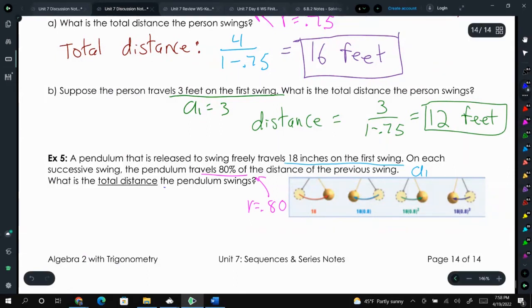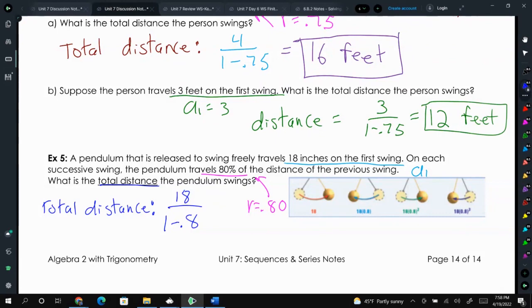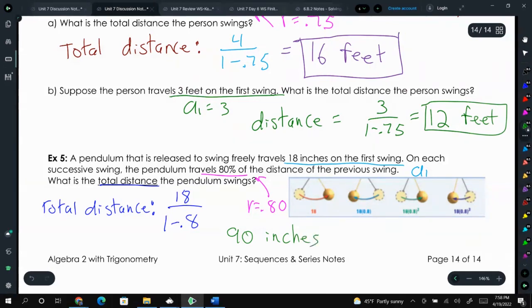What is the total distance that the pendulum travels? So the total distance is going to be a sub 1, which is 18, over 1 minus 0.8. And we type that into the calculator, and that's going to give us 90 inches.